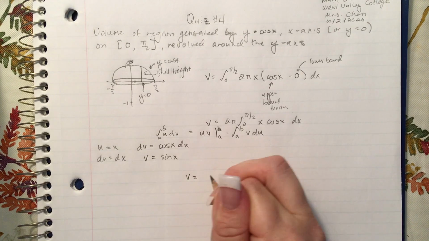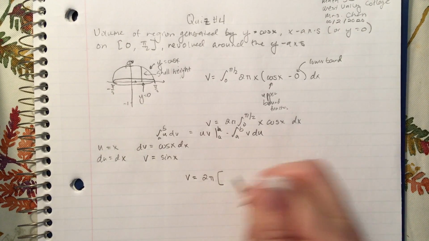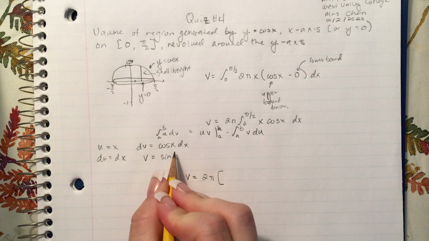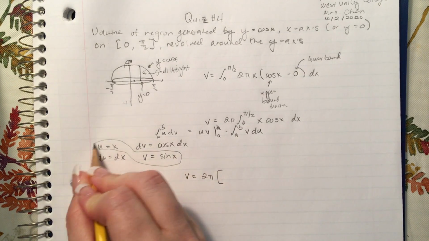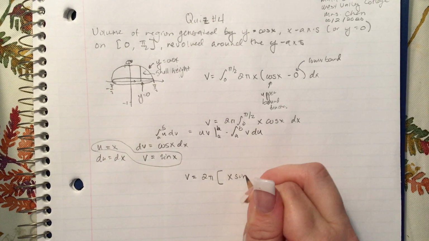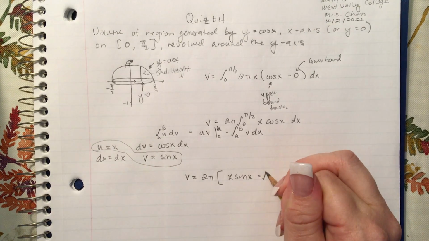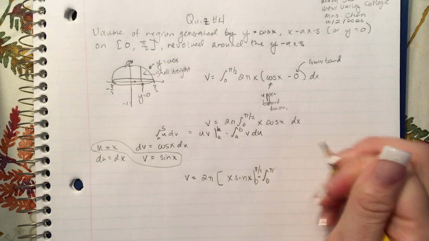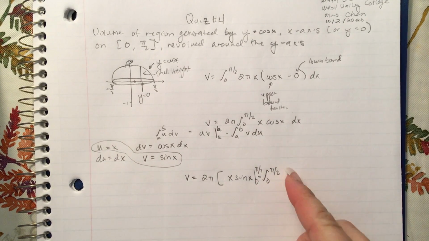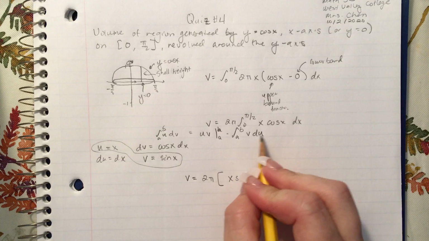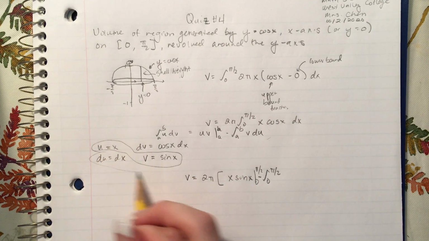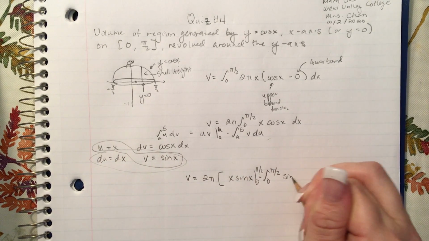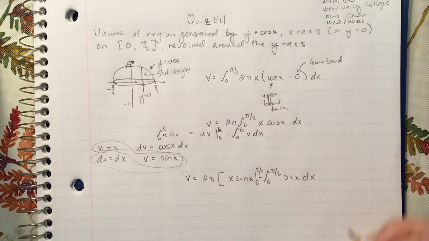The volume equals 2 pi times u and v put together, so x sine x, minus the integral from 0 to pi over 2 of v du, so these two together. So it's going to be sine x dx.